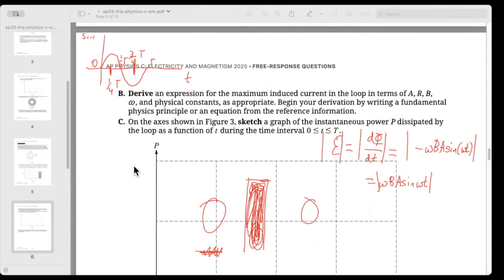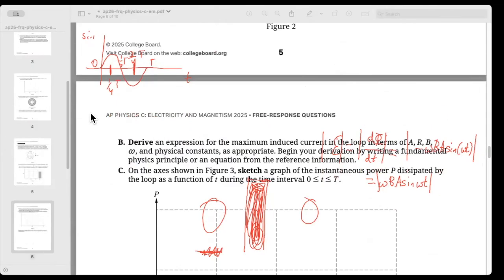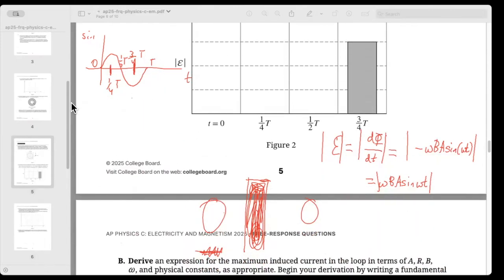Okay. Derive an expression for the maximum induced current of the loop. Begin your derivation. Okay, we're already partially done, so I'm just going to say refer to my work in part A because I already did a little bit of that derivation. So maximum induced current, well, we can just say see above because we already found voltage.